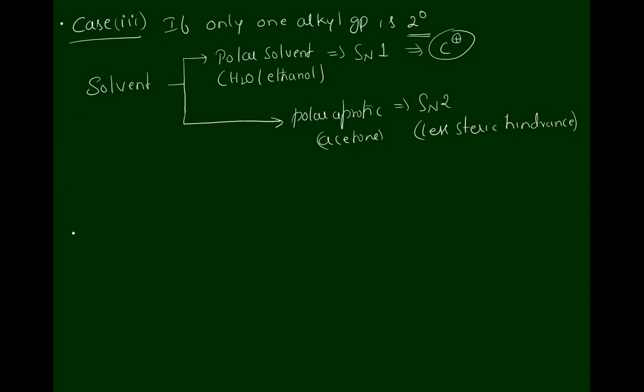For example, I'll take it like this: CH3 CH(CH3) O CH3. Now this is a secondary alkyl group, and this is a normal alkyl group.